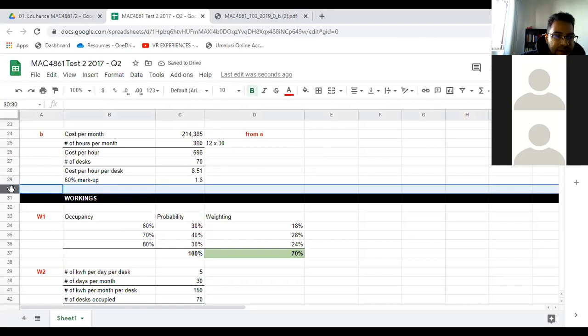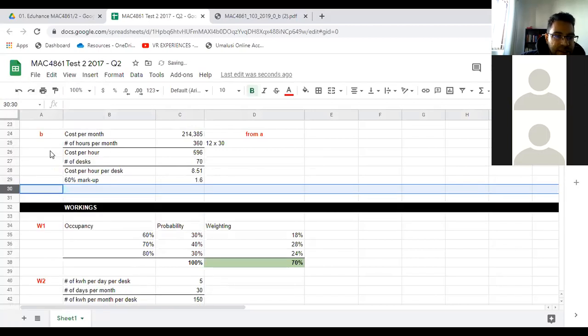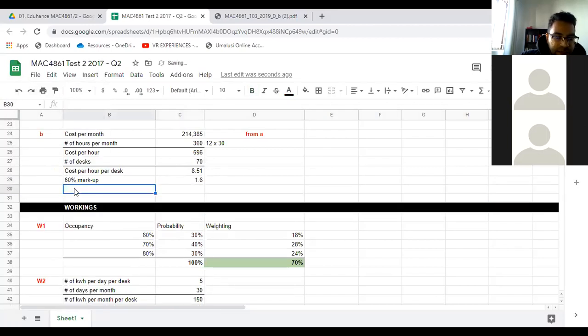So therefore the selling price to charge per hour per desk should be whatever this is.